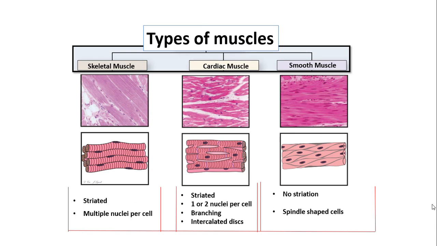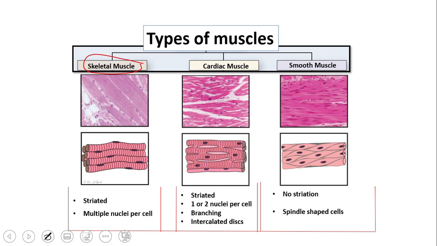So we have three types of muscles in our body: the skeletal muscle, cardiac muscle, and smooth muscle. Which one is voluntary? Which one can we control? Only the skeletal muscle. So we can control our skeletal muscles. We can decide if we move them or if we do not move them.